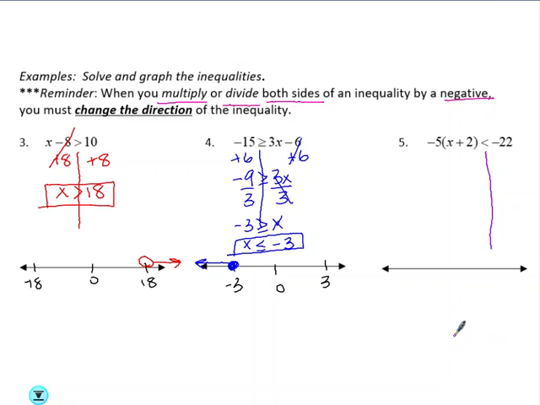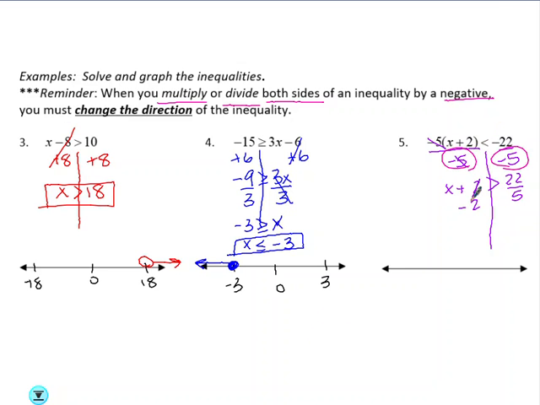For this next problem, I could distribute if I wanted to, or I could divide both sides by -5. Since the number I divided by, this number, was a negative, I'm going to switch this from being a less than to a greater than.